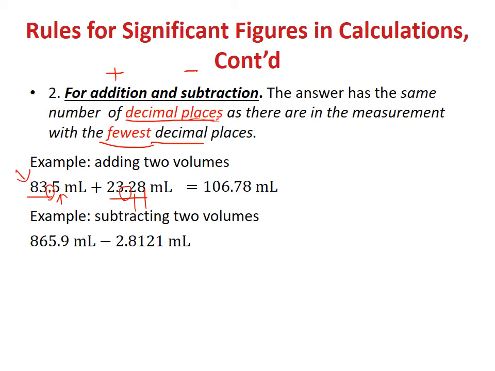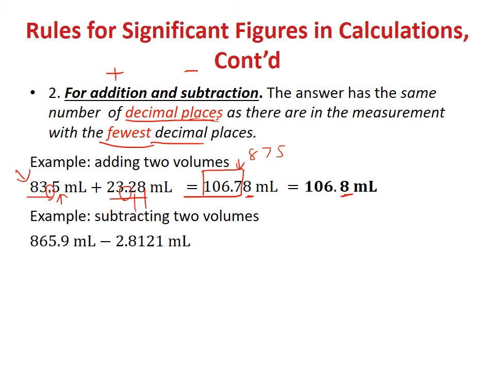You only have 1, therefore you only keep 1 decimal place. Now, because the last number is 8, and 8 is greater than 5, we need to round off. You need to add 1 to the one before it, and so the final answer should be 106.8 instead of 106.7.